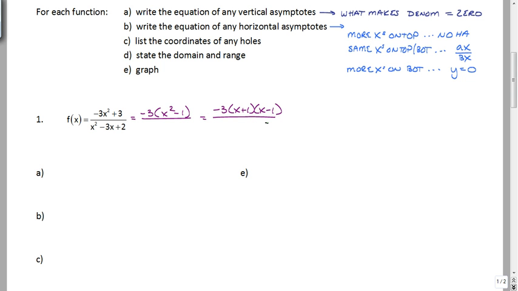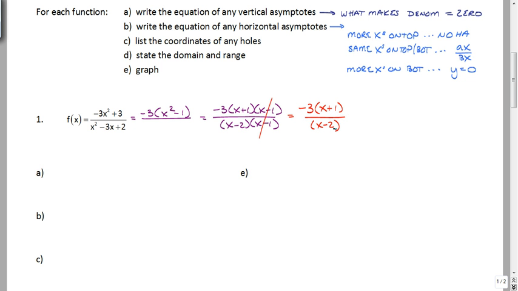And now on the bottom, we can just factor by what multiplies to 2 and adds to -3, and we're just going to skip all the way to the end and call that x minus 2 and x minus 1, because that's just a one-step factoring problem. And we see that we have x minus 1s that cancel. So our final simplified answer is -3 times x plus 1 all over x minus 2.